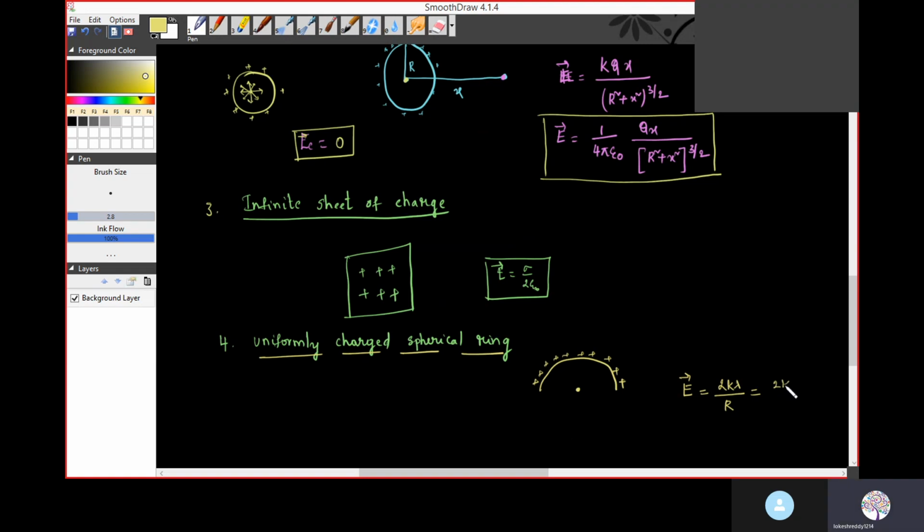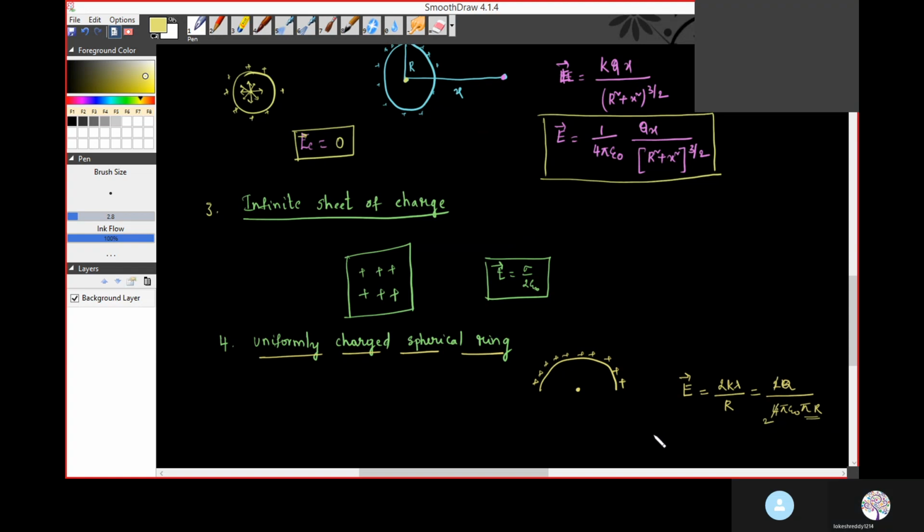Lambda is q by L, where L is the length, which is pi r. So lambda is q by pi r.